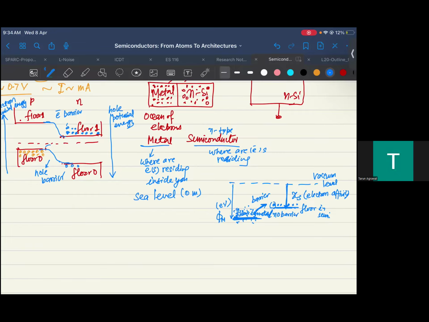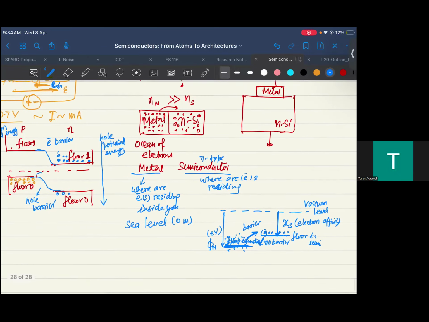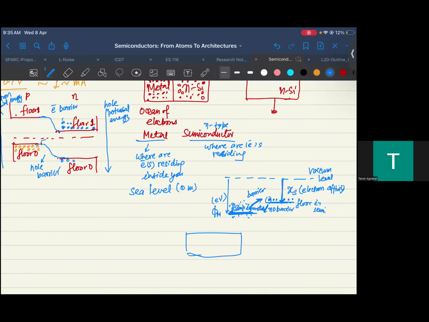So when we connect metal and, let's say, n-type silicon, you see, though there are a lot of electrons, there is a barrier coming. While here, there are few electrons, but there is no barrier, so they can go.